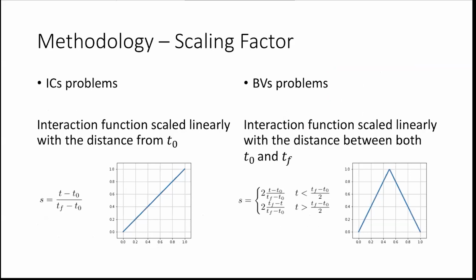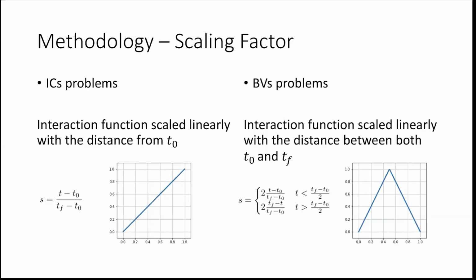Another problem that could arise is that all the solutions will have some fixed points, for example, the initial condition in initial condition problems or the boundaries in boundary value problems. So we define a scaling factor that scales the interactions.